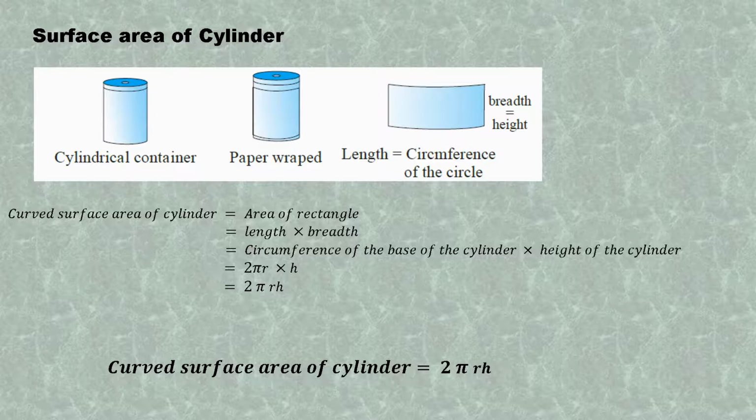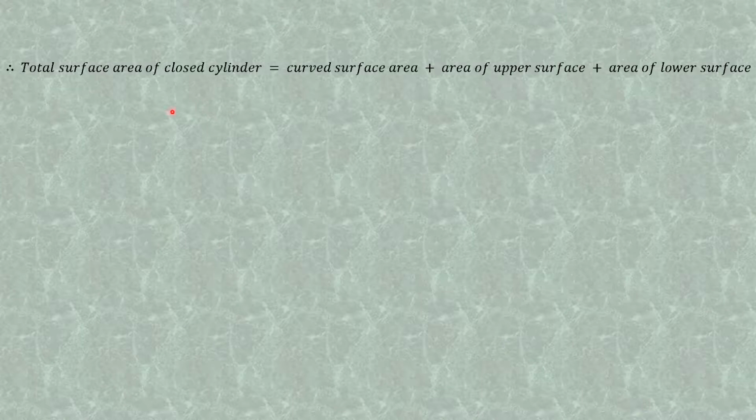Knowing these formulas, now let us solve some example sums. So total surface area of a closed cylinder. In the previous one, we just studied the curved surface area. In that, we did not take the bottom portion and the top portion of the cylinder.